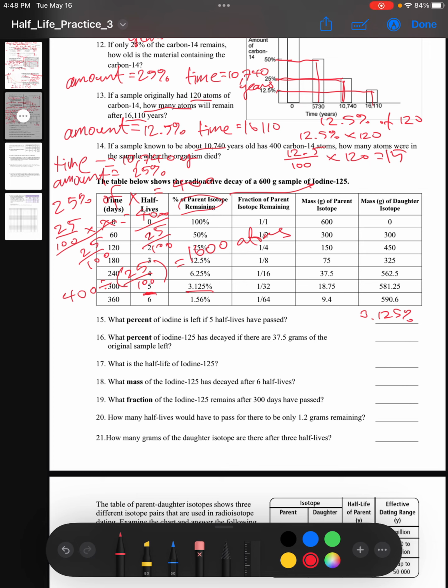What percent of iodine 125 has decayed if there are 37.5 grams of the original sample left? Which of these columns is the amount that has decayed? Well, that's 100% minus percent remaining.